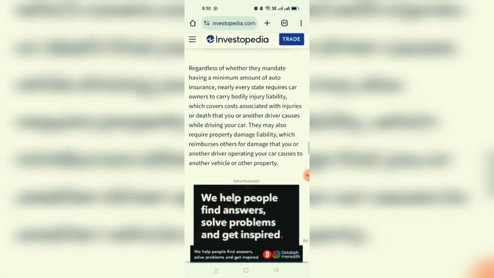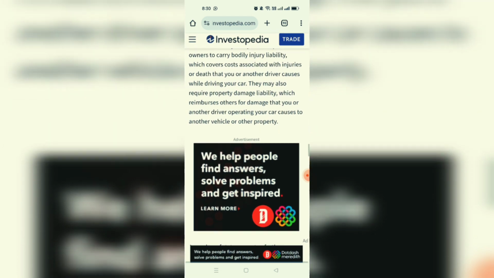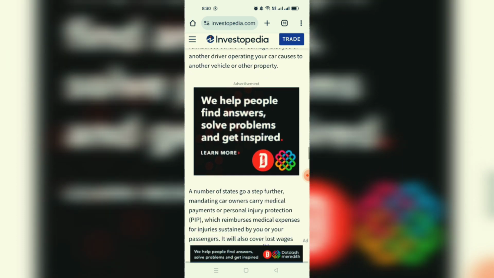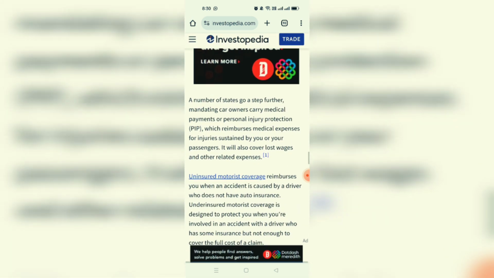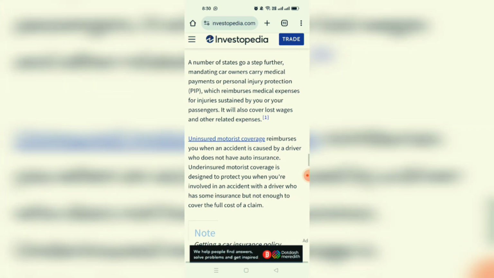You may also be required to carry property damage liability, which reimburses others for damage that your car and the driver operating your car cause to another vehicle or property. A number of states go a step further, mandating car owners carry medical payments or personal injury protection, which reimburses medical expenses for injury sustained by you or your passengers. It will also cover lost wages and other related expenses.